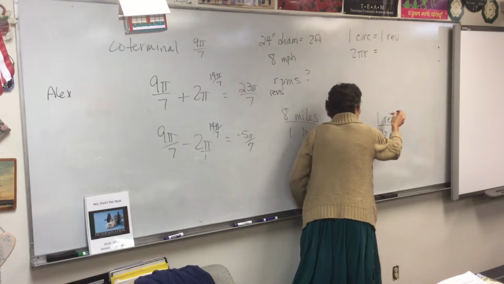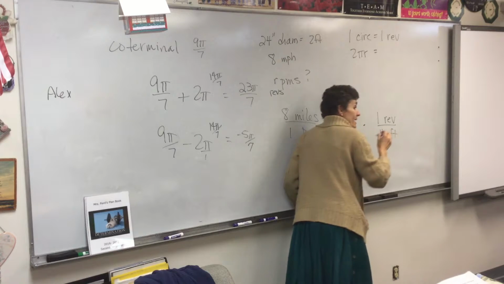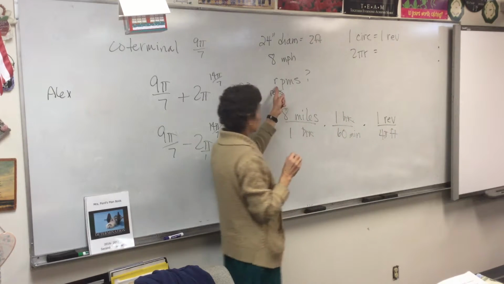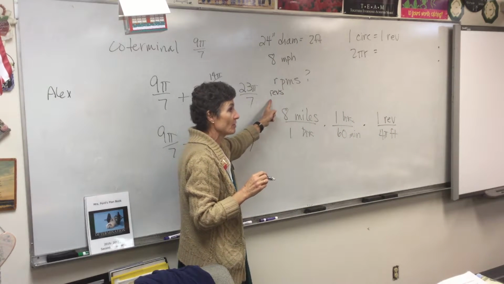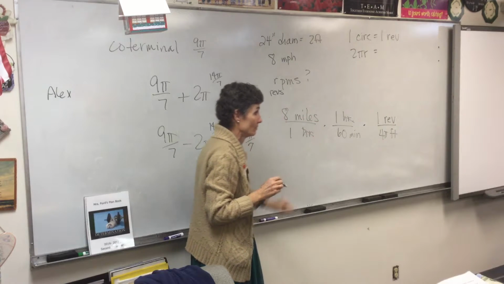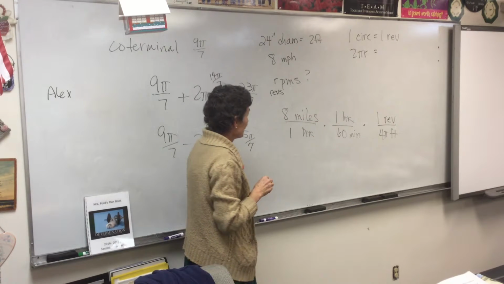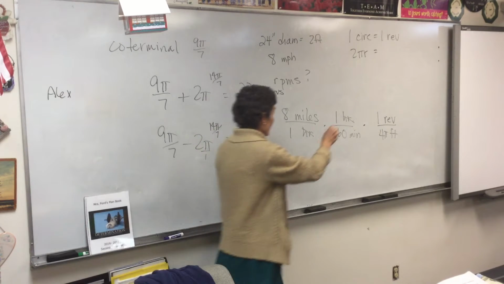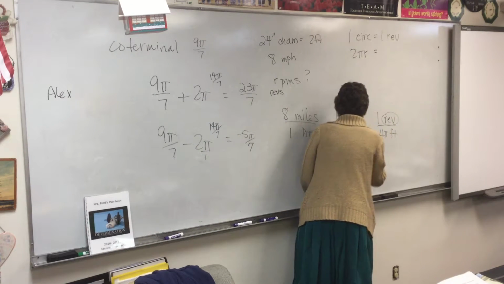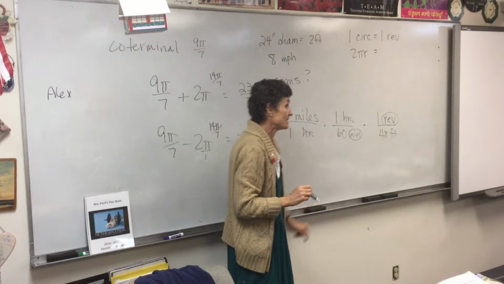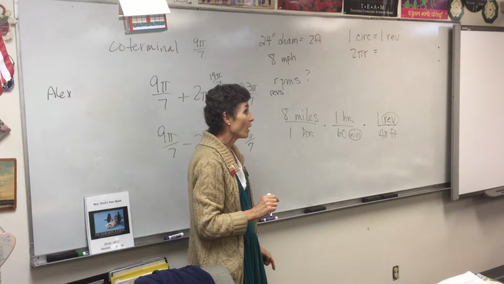Why did I put 1 over 4 pi and not the other way around? Where I want to end up with revolutions per minute, right? Now this is great. I've got revolutions per minute, but I've still got miles and feet to deal with. So what do I know?